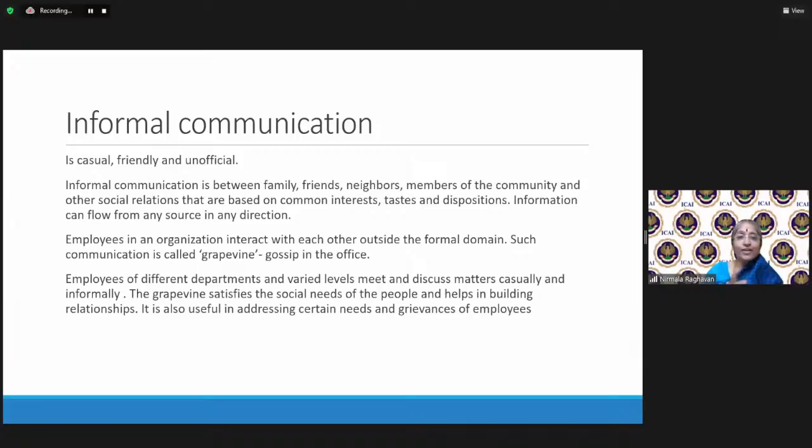So what is grapevine communication? It's gossip within the office, talking about the workplace, not from their cubicles, but in the office domain itself. That is informal communication within the office premises, which is called grapevine.